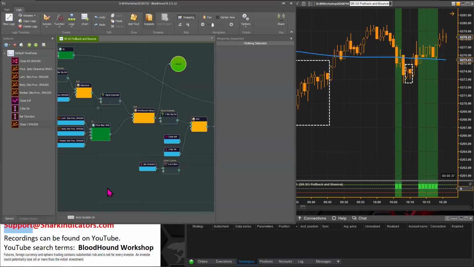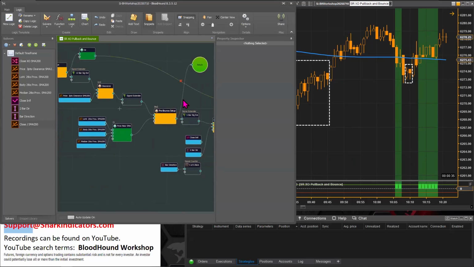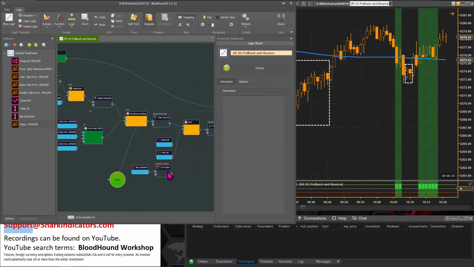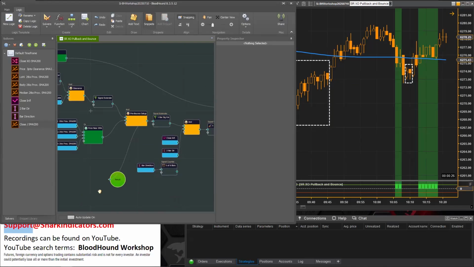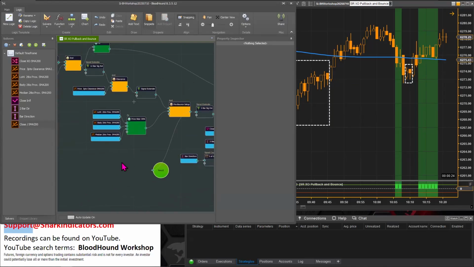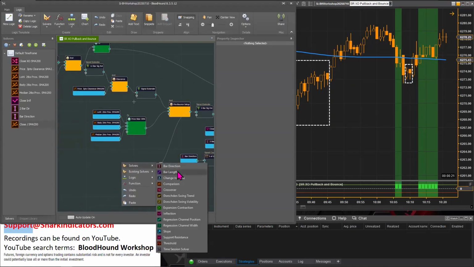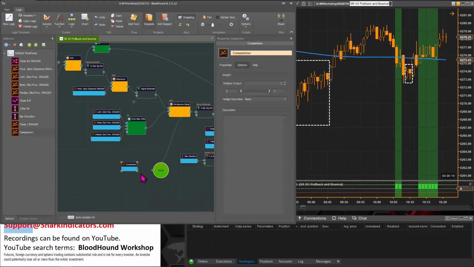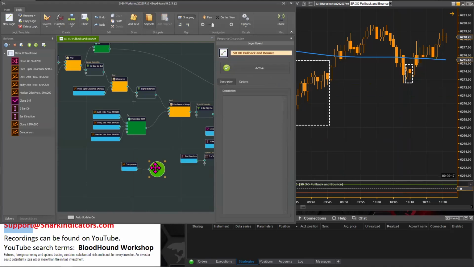Let's see, where should we do that? Let's work down here. All right, so let's add a comparison solver. And let's see. I'm trying to think of a name for this. I guess that name's good enough.